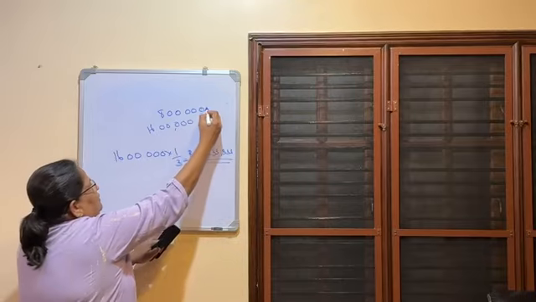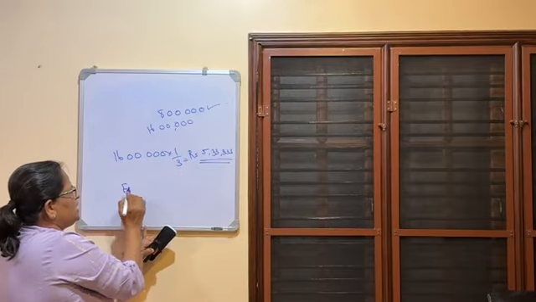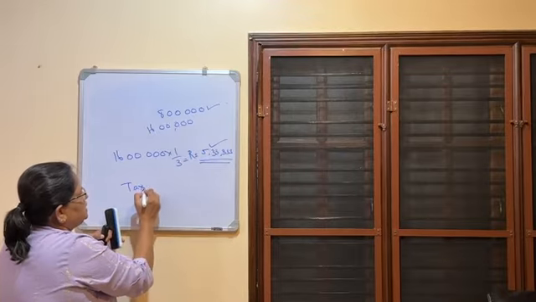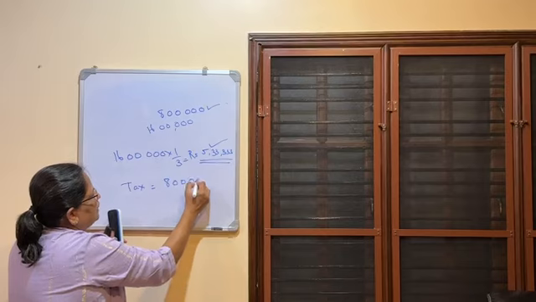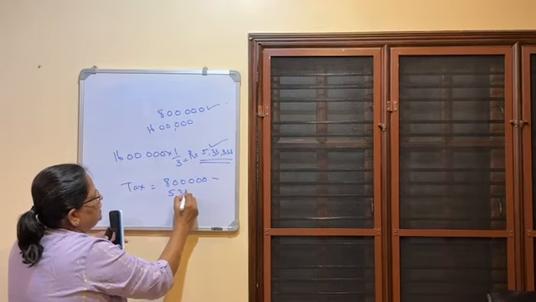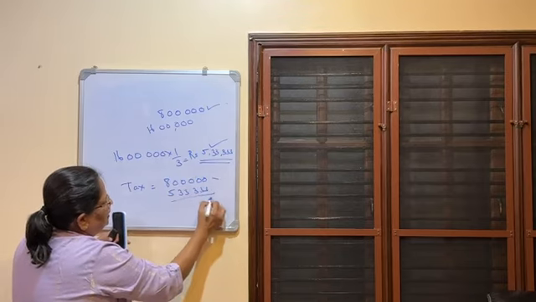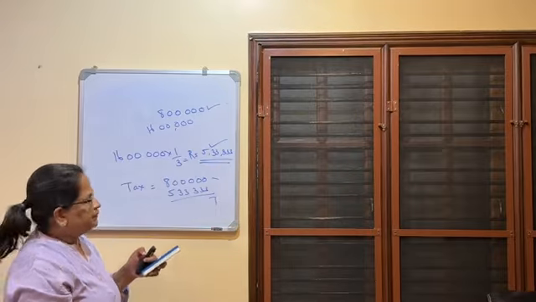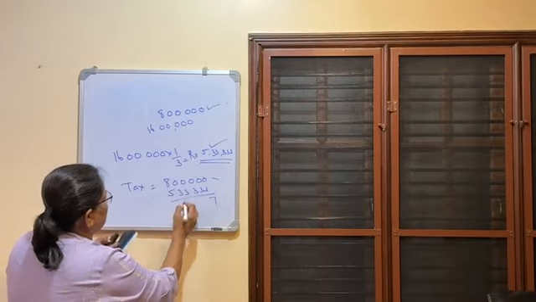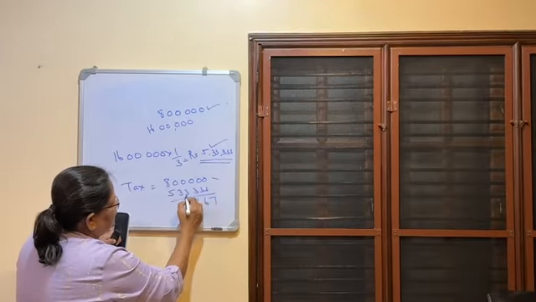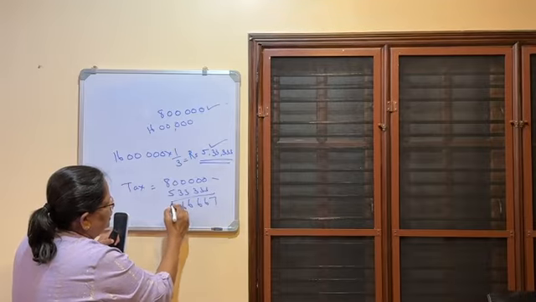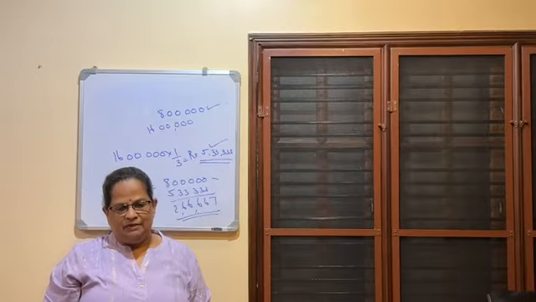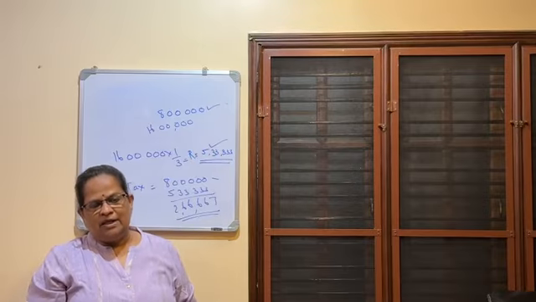We received 8 lakhs. So the taxable pension is 8 lakhs minus 5,33,333, so 2,66,667 is taxable. So this is the computation.